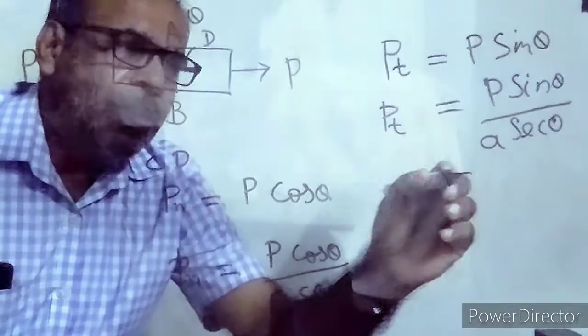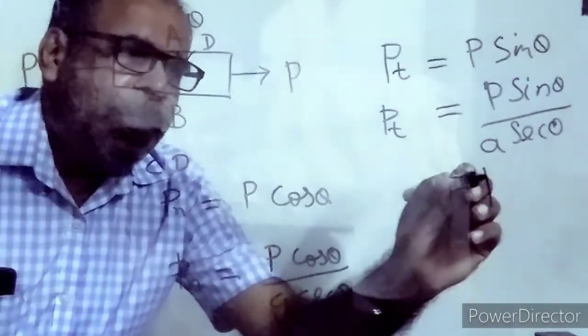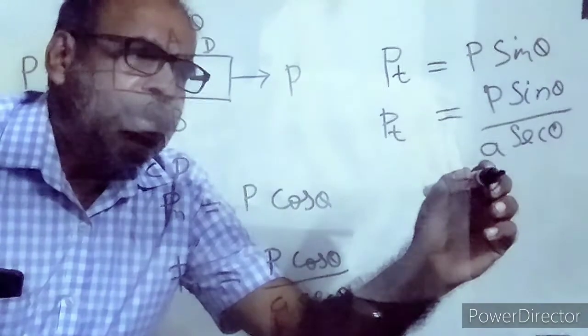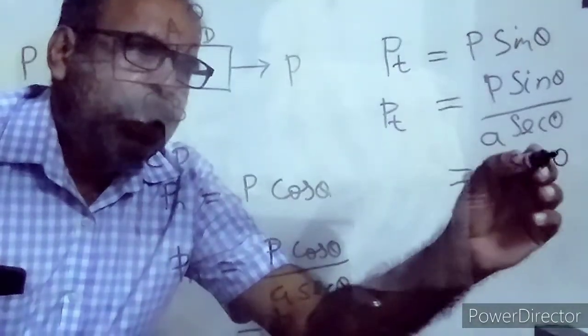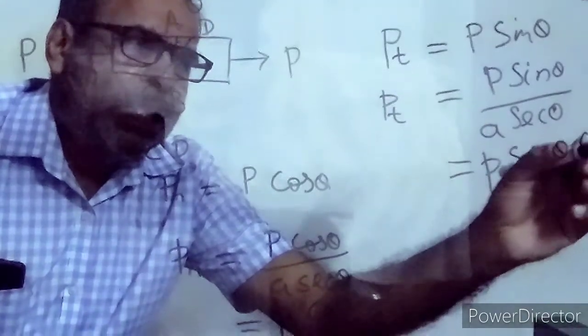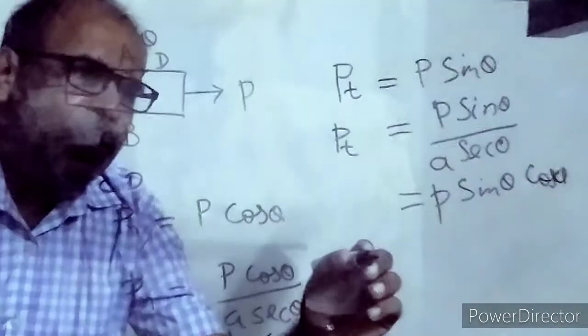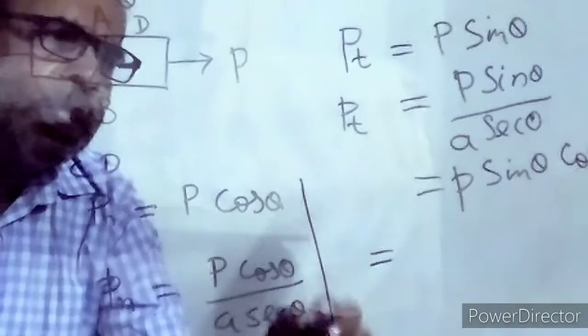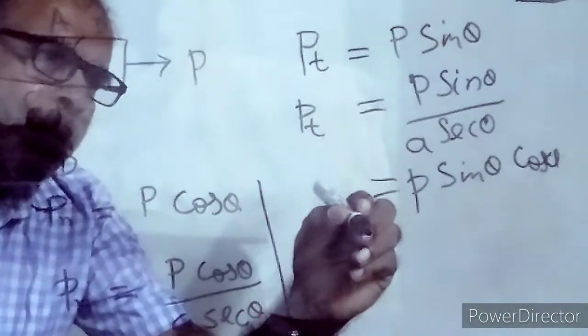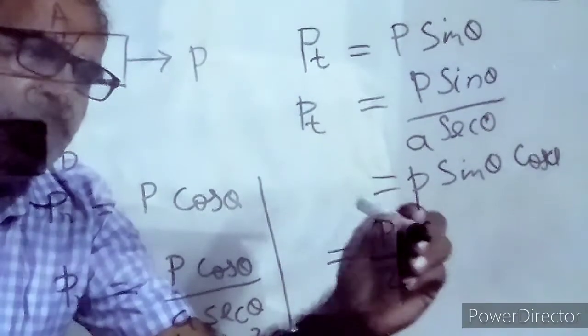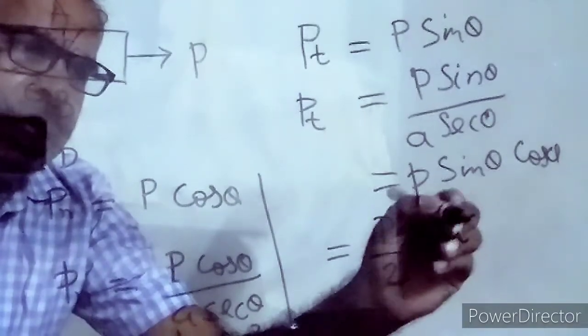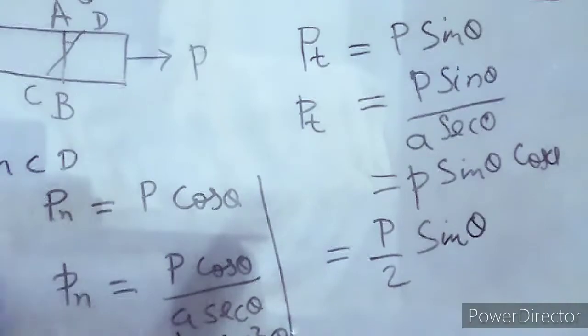That is equal to P by A sin theta cos theta, which is equal to P by 2A sin 2 theta.